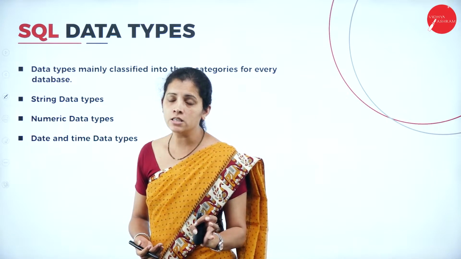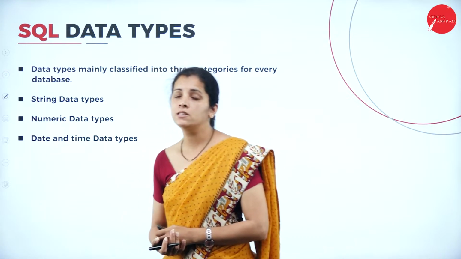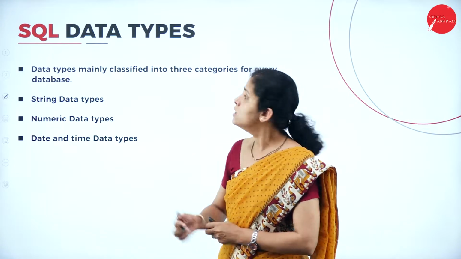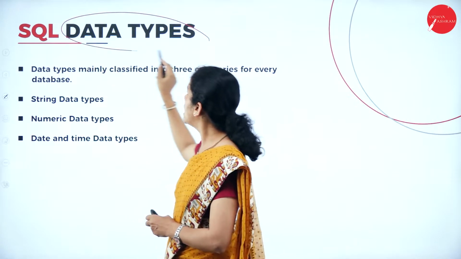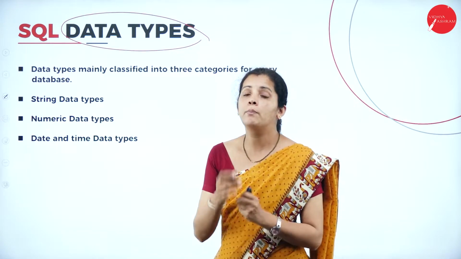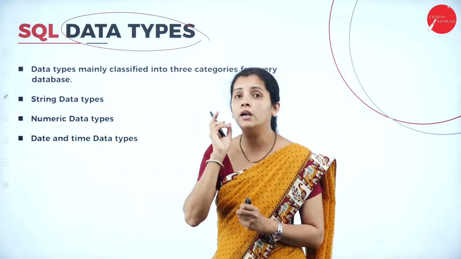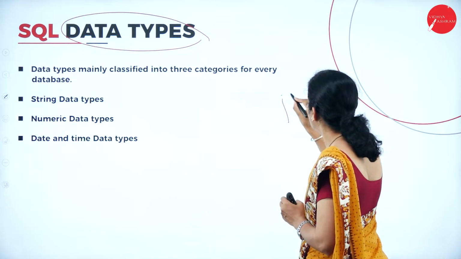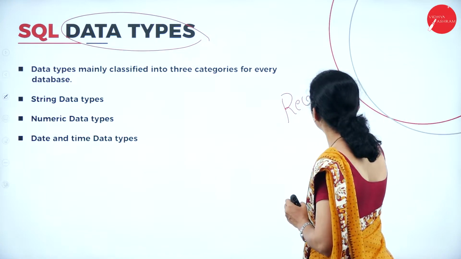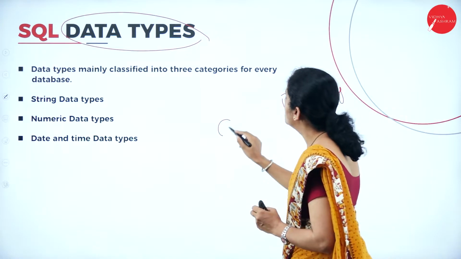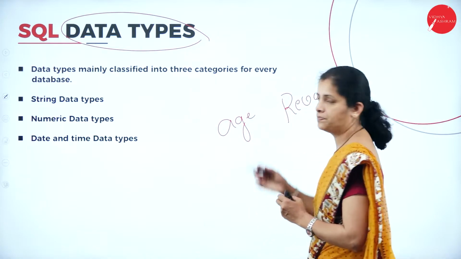programming languages. In database management system also, we are going to have data types. So what is this data type? I require data type to identify a particular kind or type of data. For example, think that I'm going to consider my name, along with that, I'm going to consider my age.